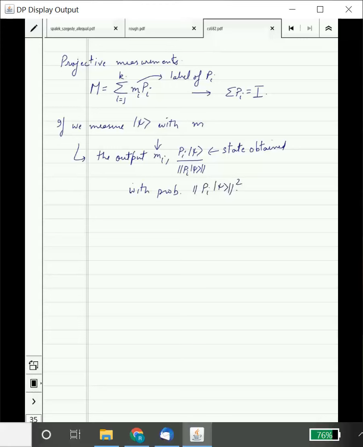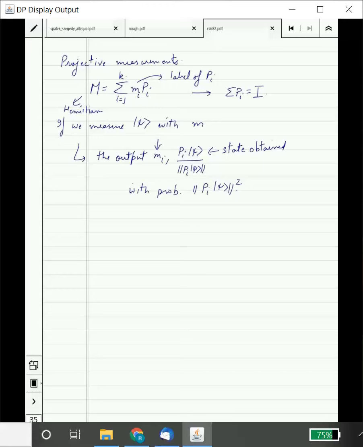From the previous description, the only difference is these labels. You should not get confused about them. That is just so that we can write them as a Hermitian operator and it can describe some measurement value. So M is going to be a Hermitian matrix, the mi are going to be real. This is a spectral decomposition, and summation Pi equals identity.